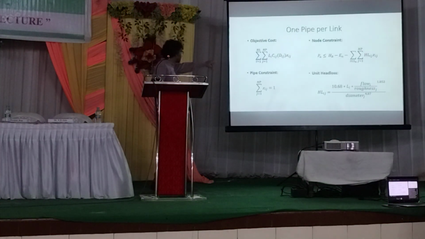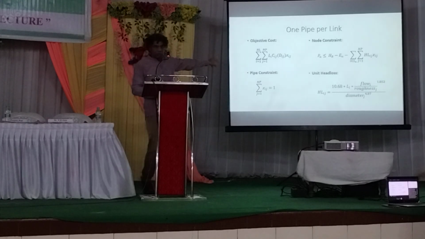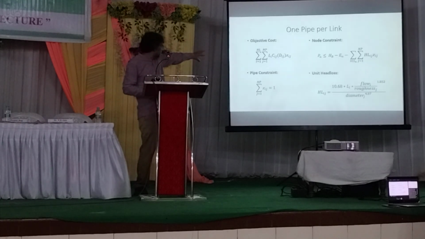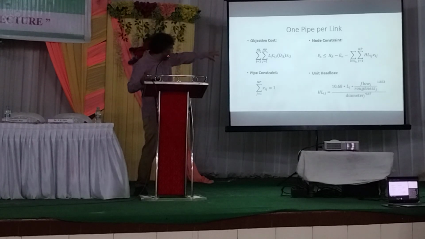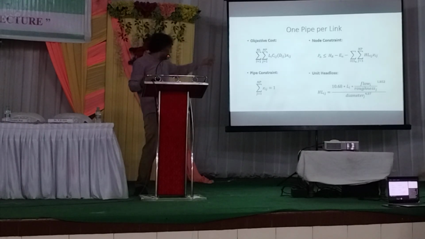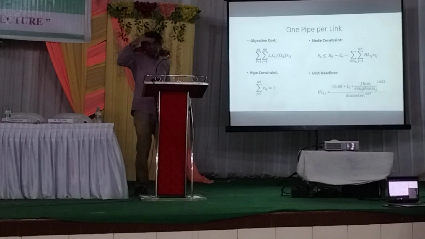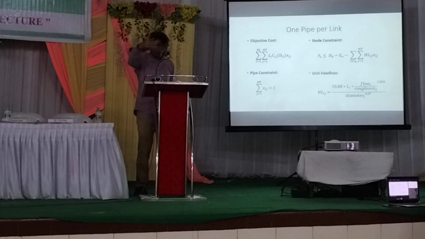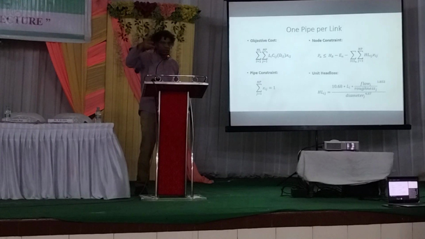So essentially, take the length of the pipe, look up the cost, x_i3 is a binary: is this the chosen type for this link or not? There is a node constraint. You start from the source of the network. As water comes along the pipes, there is a pressure loss. By the time it hits each node, it must reach the minimum pressure requirement. You know, like rural area 3 meters or 5 meters, urban area 7 or up to 20 meters depending on the area.